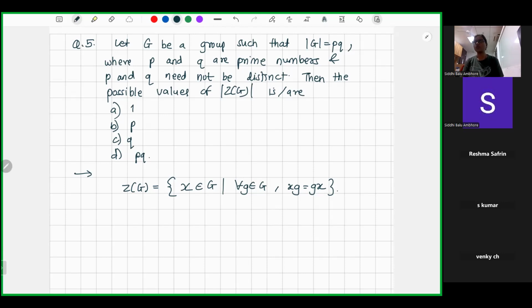Do you know any group where the cardinality of ZG is just 1? We are just asking about possibility. If there exists one group whose center is trivial, then the possibility makes sense. Is 1 possible for ZG?